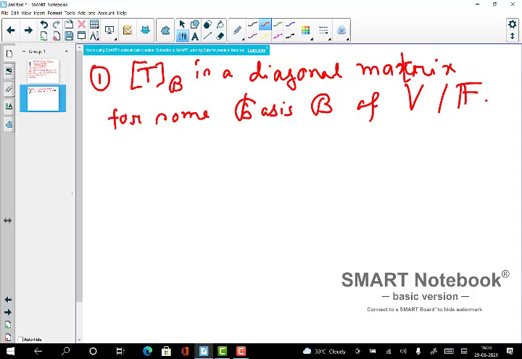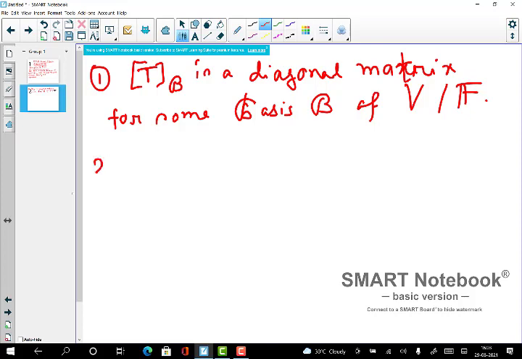So there is some basis with respect to which the matrix representation of T is a diagonal matrix. Diagonal means that everything other than the diagonal is zero. The diagonal entries can be zero, non-zero, anything.